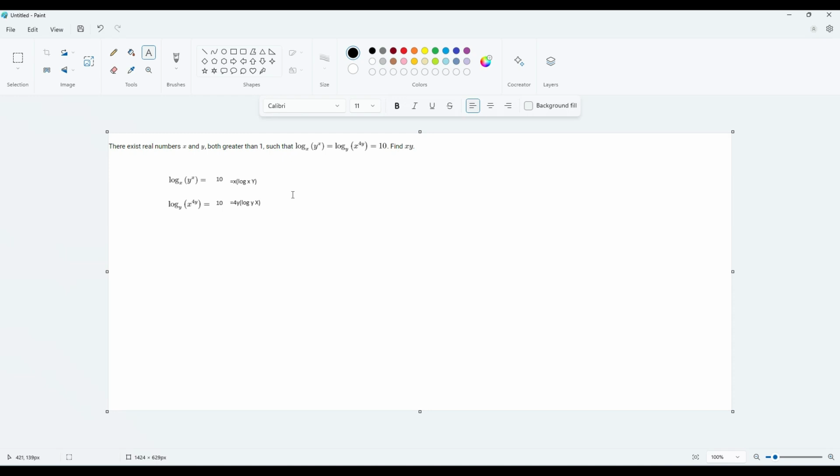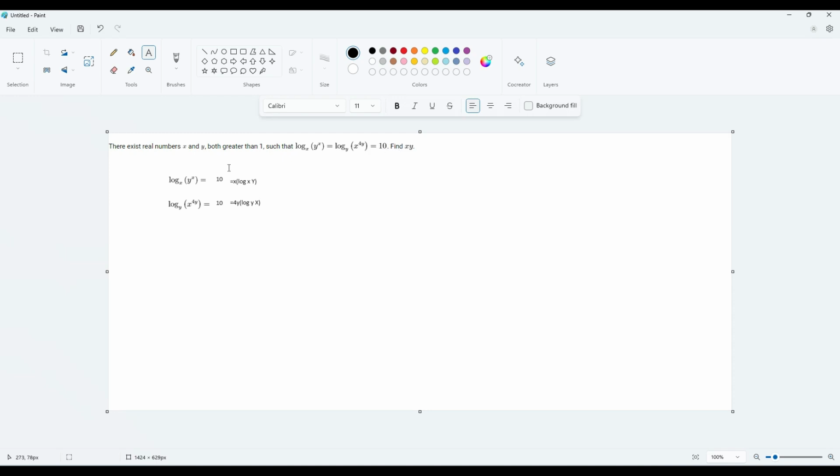Okay, so now the next thing we can notice here is this log x of y and this log y of x. Now, if you have studied logarithms before, you'll notice a very easy property that we can be utilizing here, where when we multiply these two, it will be equal to 1, and that way we'll have 4xy separated on its own, which will be coming in handy when we have to find xy.